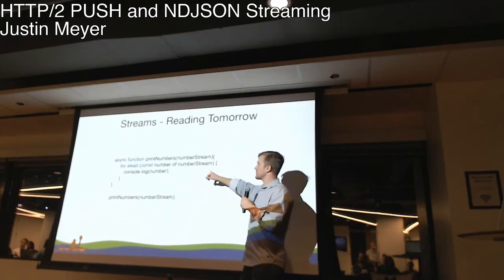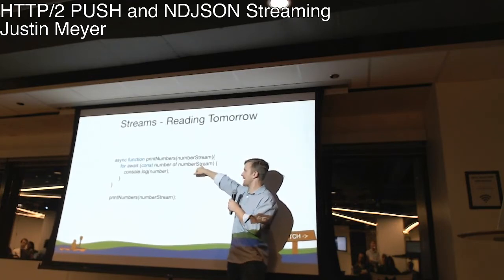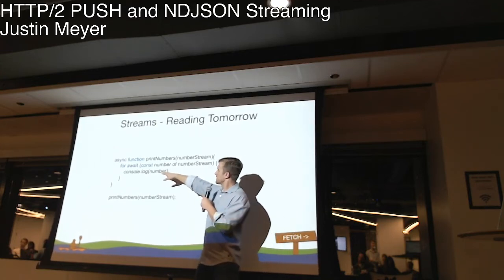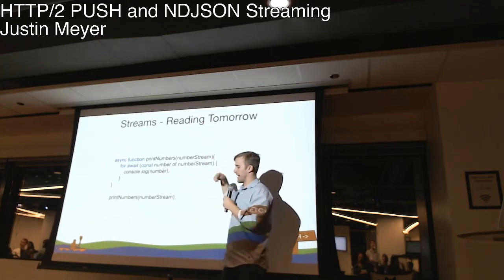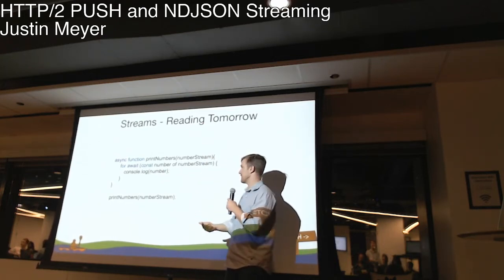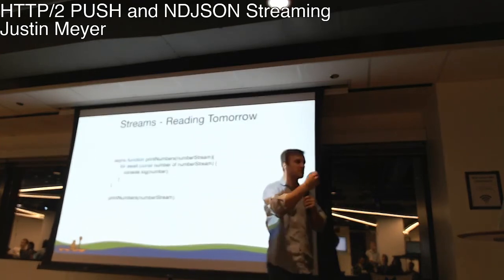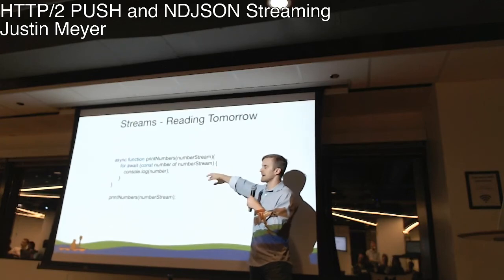Now there is also an async iterator symbol, and the number stream provides that. So it essentially lets you set up a for loop that runs its body every time a new value is emitted. This makes the syntax very easy for getting a stream of numbers and running some code every time a new value is emitted.